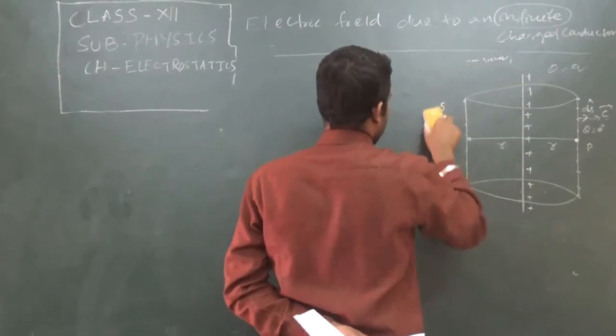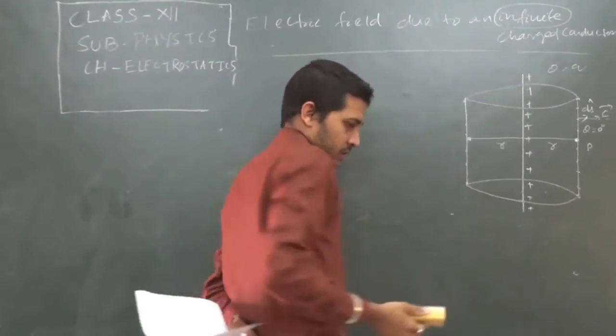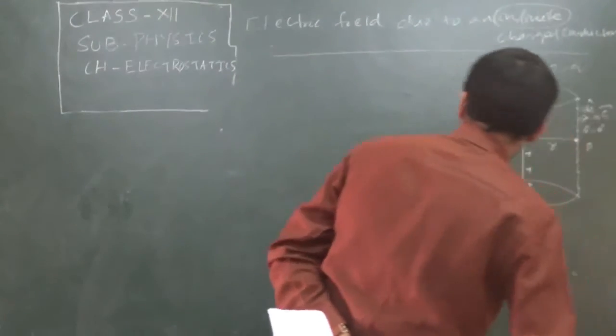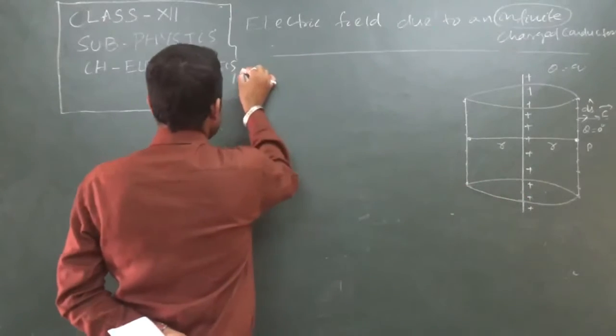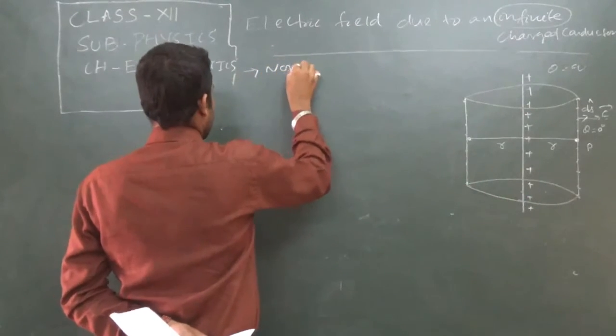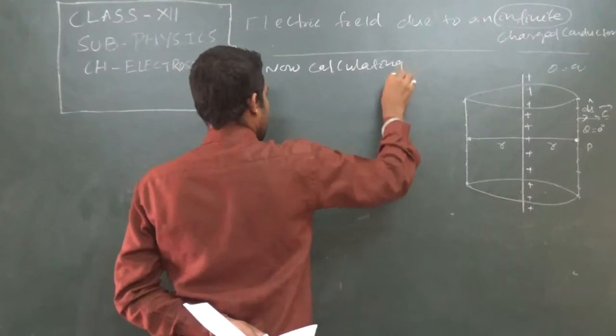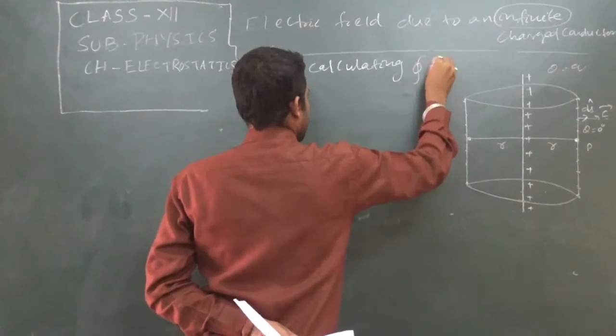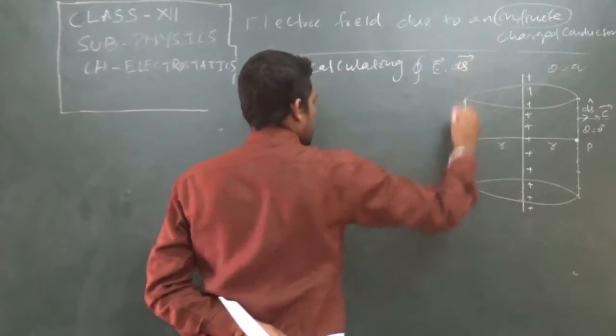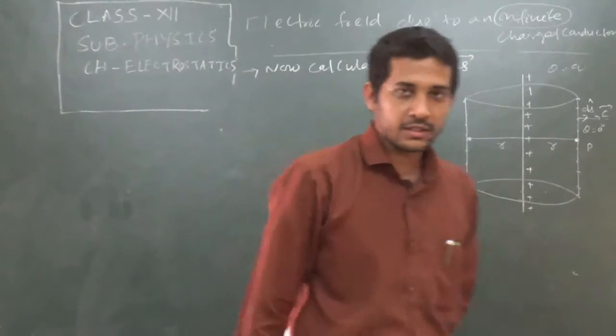Quite a necessary concept. These are going to be important long questions in many years of your board exams. So the second one, now, calculating the closed integration over E dot ds. We have the formula ds cos theta.